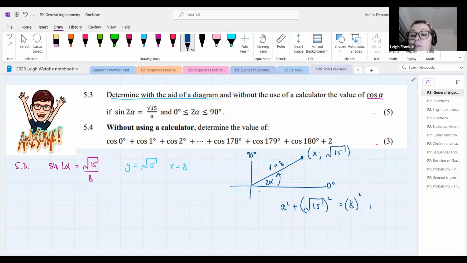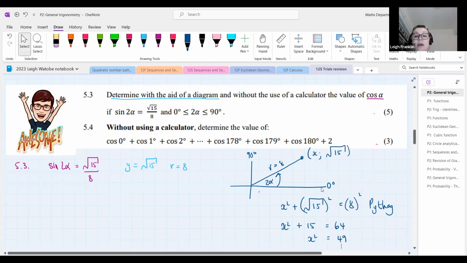I cannot emphasize enough how important it is that when you substitute, you put it in brackets and put the exponents on the outside. So we've got x squared plus, this will give us 15, is equal to 64, and x squared is going to be equal to 64 minus 15, so that's going to leave us with 49.